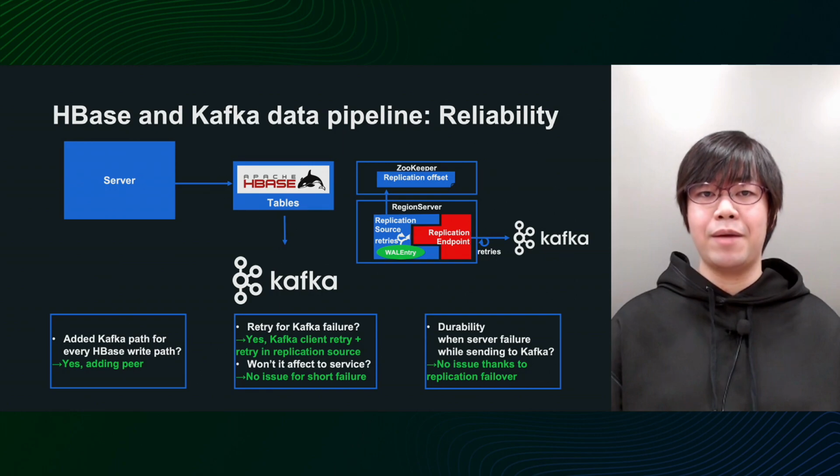We have also confirmed that a Kafka failure for a short period will not have any performance impact on the service. And finally, regarding the reliability issue, we can store replication offsets on Zookeeper, and even if a region server fails, another region server will resume replication thanks to replication failover. All the HBase writes can be sent to Kafka even if the leader server fails.